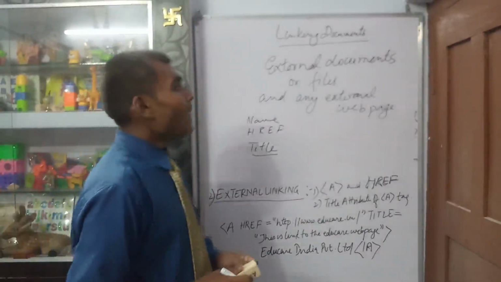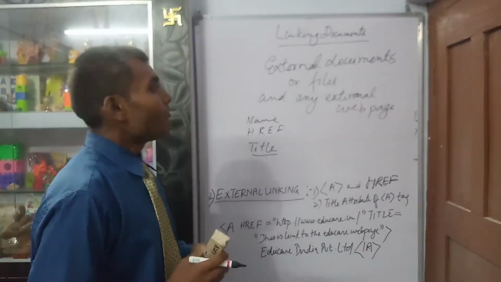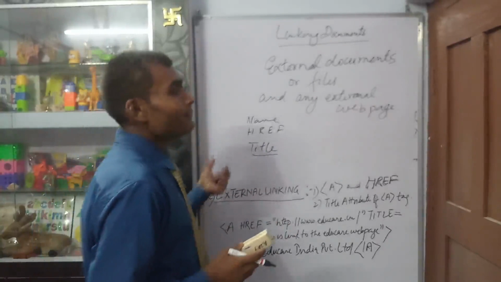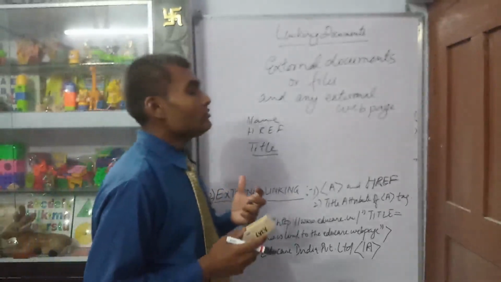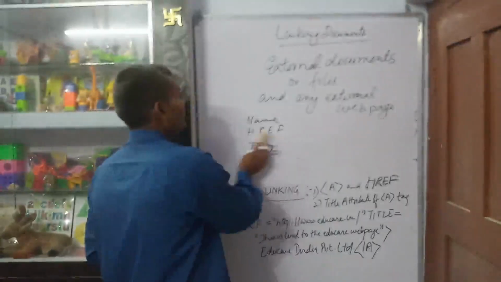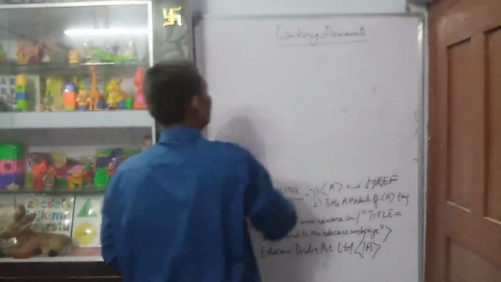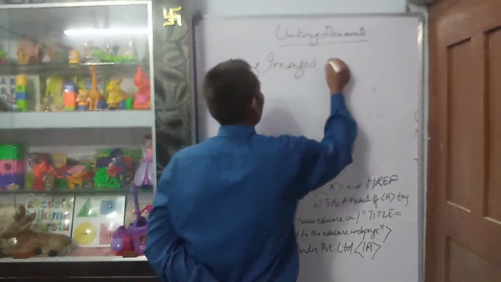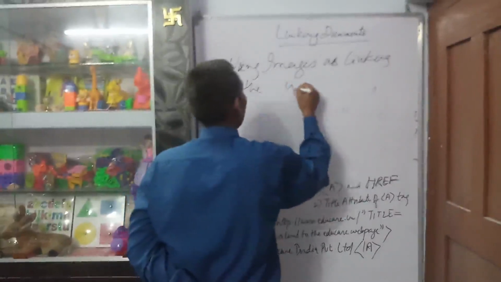And now we see how to link our images with the web page. In external and internal linking we use only text as a source, but images can also be used as a source for linking.